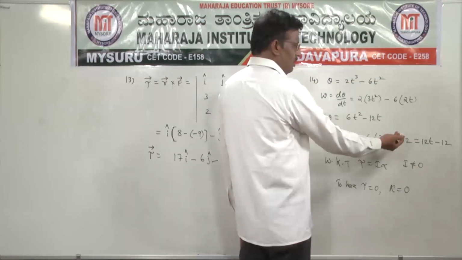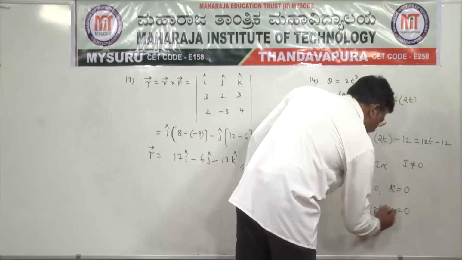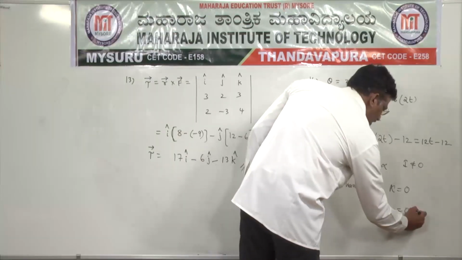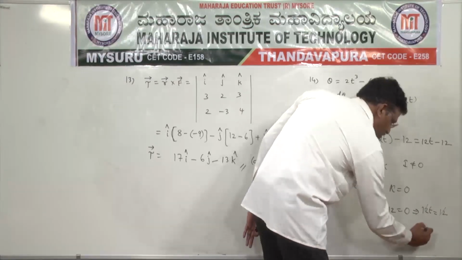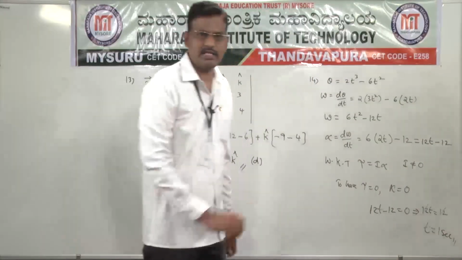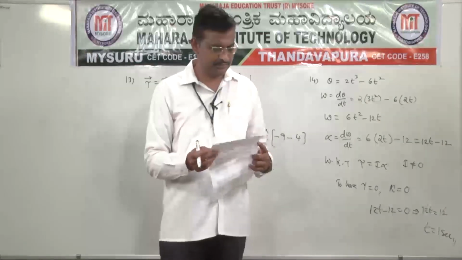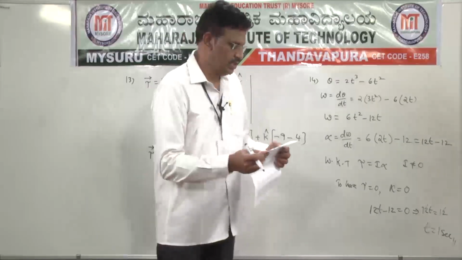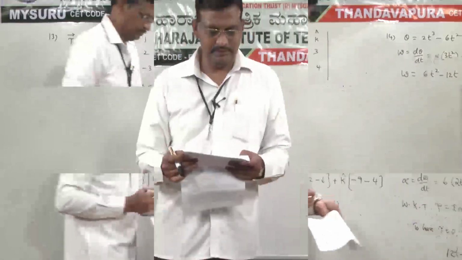Alpha is nothing but 12t minus 12, so 12t minus 12 is equal to 0, that implies 12t is equal to 12, cancel both sides. So t is equal to 1 second. Our answer is t is equal to 1 second. As per the options, option A is the right option for this question.